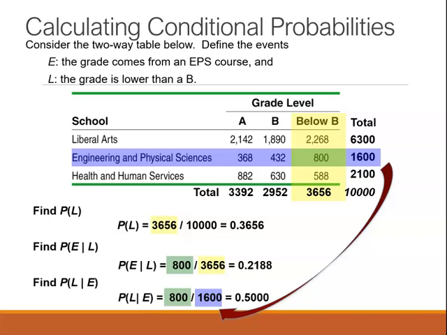Is everybody okay with the calculation here? So again, this is the probability of choosing an EPS course given that the grade is lower than a B. And this is the probability of choosing a grade lower than a B given that you're choosing an EPS course.